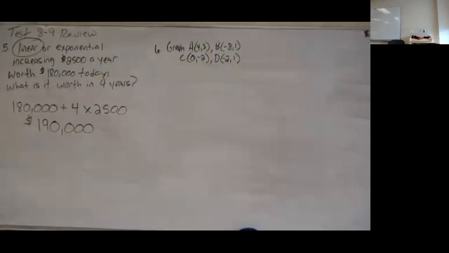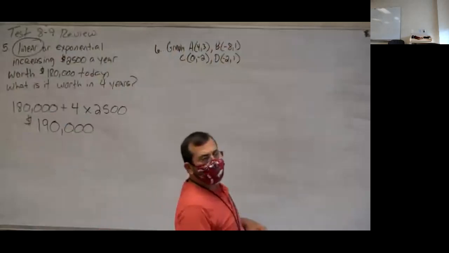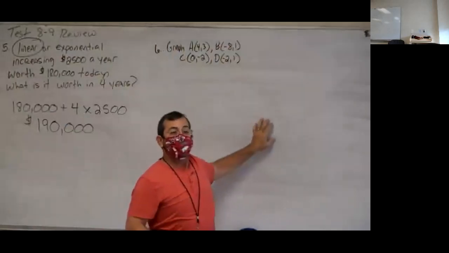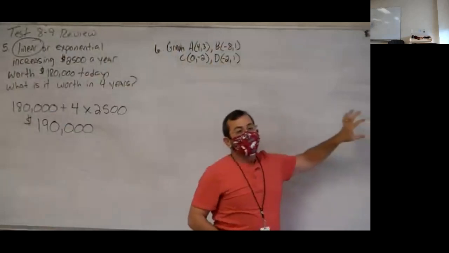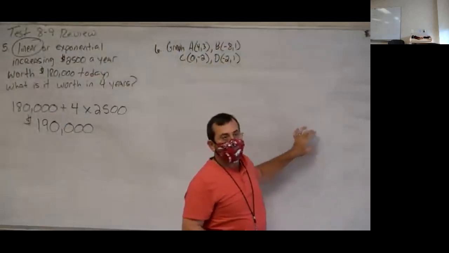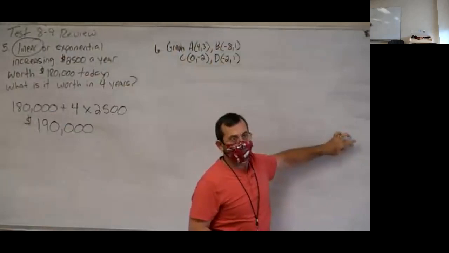It wants cents, so 22 cents is the cents. So anytime they're saying round to the nearest dollar, you don't want anything after the decimal. If they say round to the nearest cents, you want 2 numbers after the decimal.